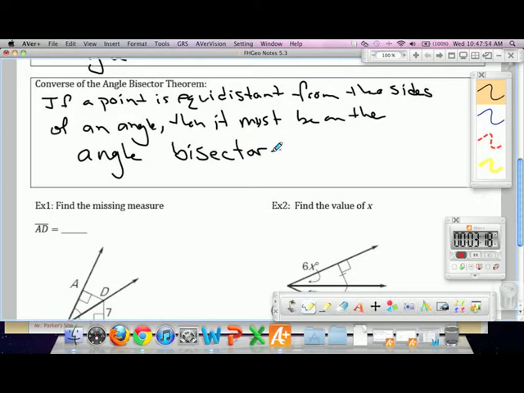Picture is pretty similar. So if you have an angle here, and you know that it's the same distance away from the two sides, then you can conclude that it must be on the angle bisector. Then you have to be able to draw the angle bisector through it.